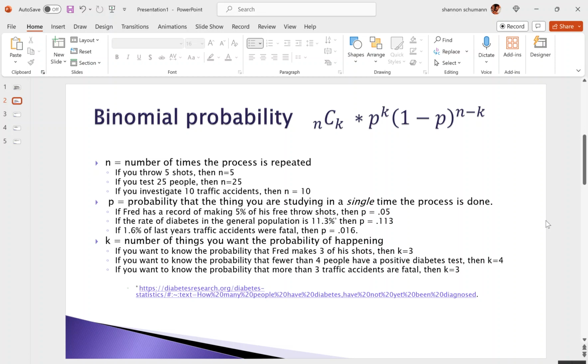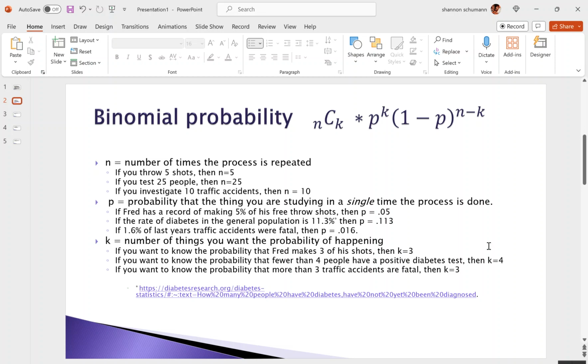Maybe in the general population, the probability that a single person has diabetes is 11.3%. And actually, that's what it is. I looked it up. So p would be that probability that a single person has diabetes. Last year, maybe 1.6% of the traffic accidents were fatal, so p would be 0.016.